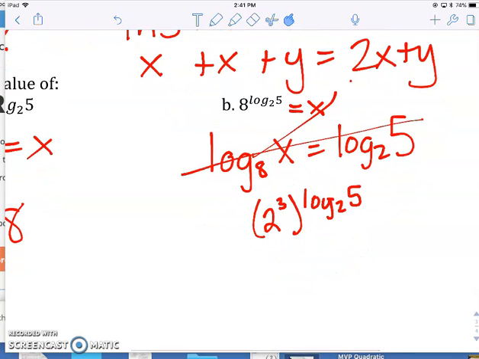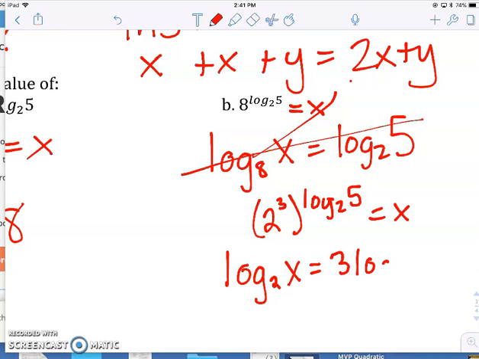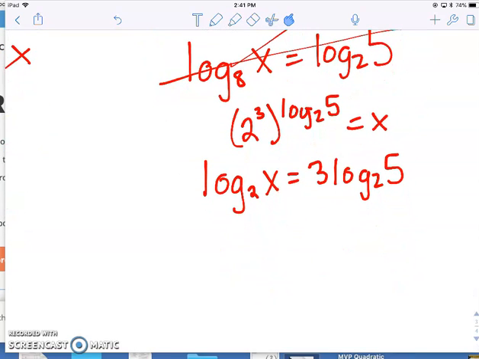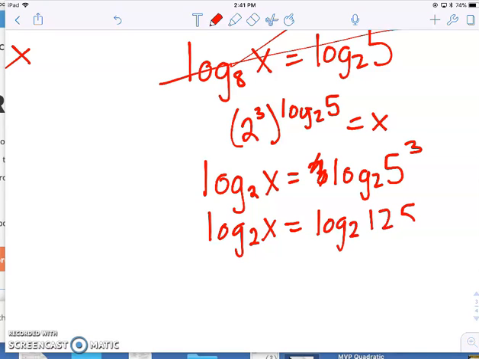So now what if we said this equals x? So log base 2 of x equals 3 log base 2 of 5, because that's our exponent. Well, 3 can come up here. So log base 2 of x equals log base 2 of 125. So x has to be 125.